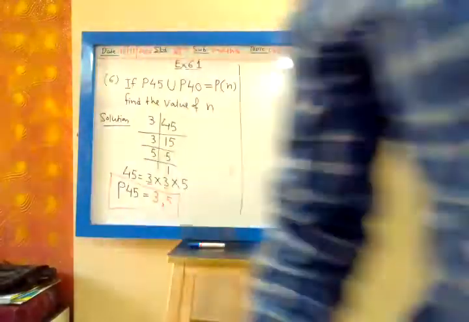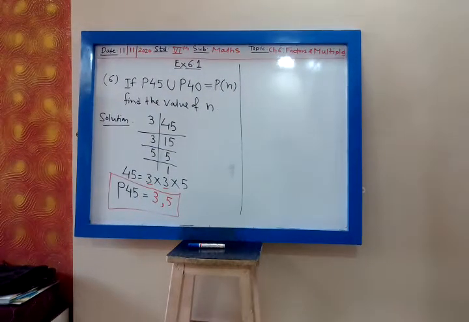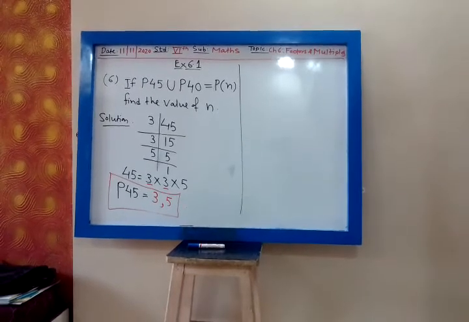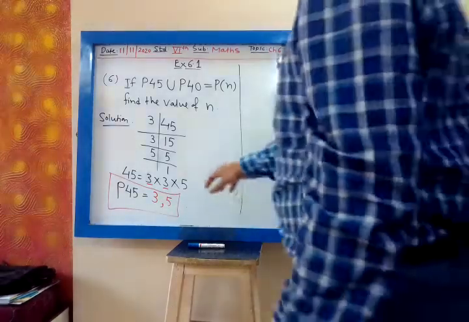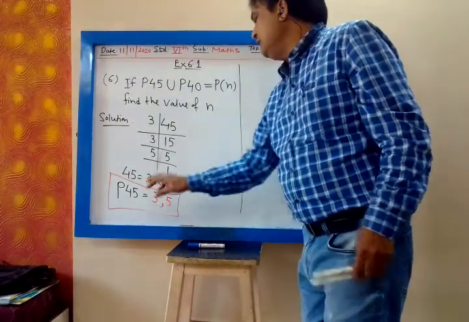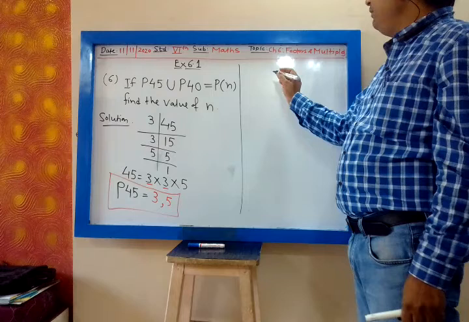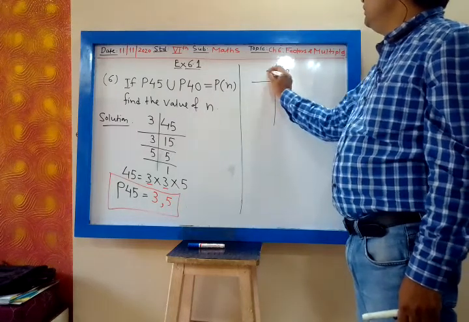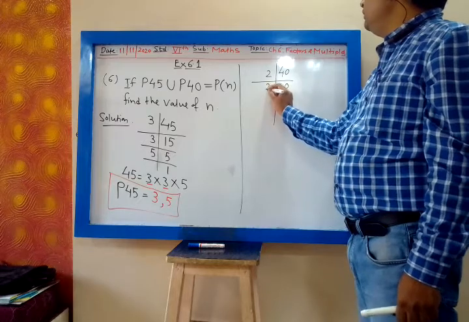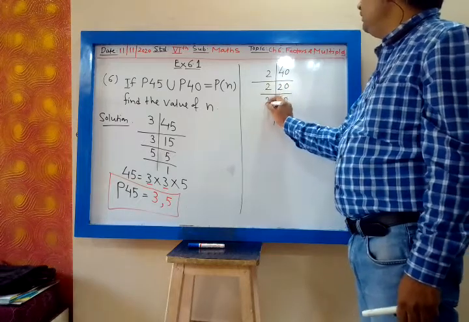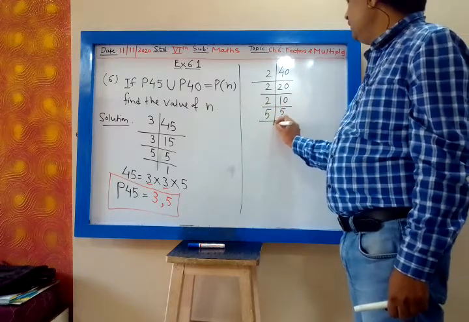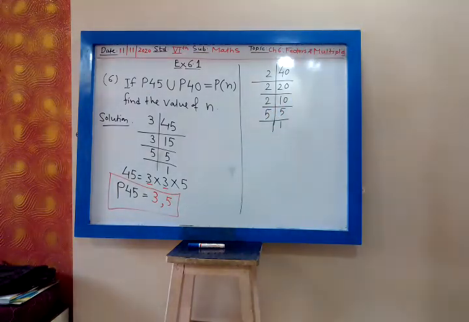Similarly, we find the prime factor of 40. 3 has come twice, we write only once in the factor. Now I will find the prime factor of 40. We start with 2: 2 twenties are 40, 2 tens are 20, 2 fives are 10, 5 ones are 5.